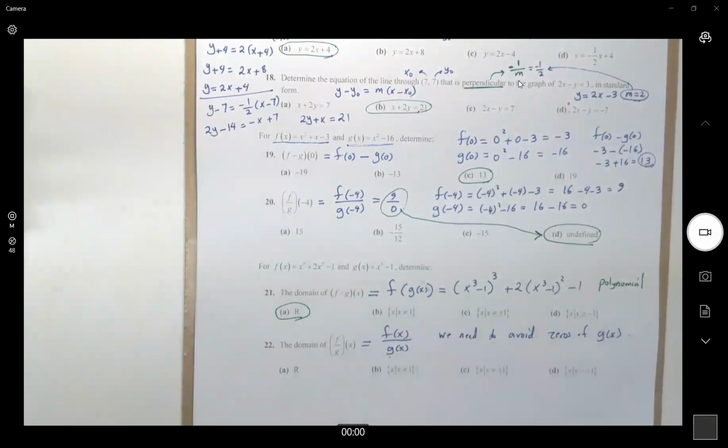But how do you find the zeros of g of x? If you take a look at Desmos and graph x cubed minus 1, you see it has one intersection with the x-axis at 1. So 1 is the zero of g of x, which needs to be avoided. The domain is R except for 1.